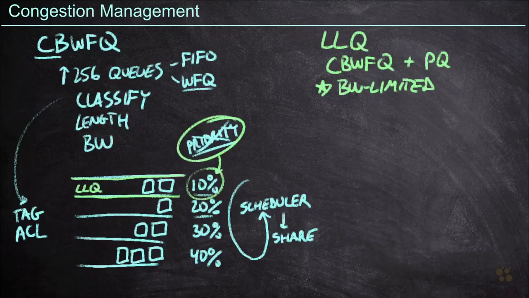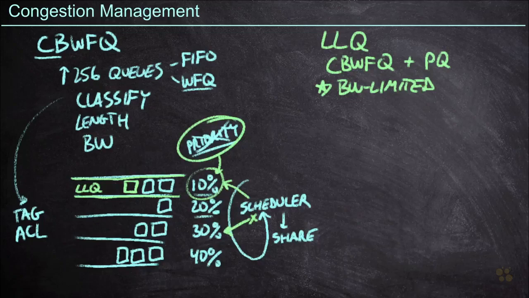Meaning that if it tries to exceed 10% of the interface bandwidth, we're still going to cut that off and say, okay, you've had your fair share of the bandwidth, and now we're going to service the other queues. But from a strict priority perspective, if our scheduler here is servicing Q3 and a packet shows up that's voice over IP or what have you in the low latency queue, we're going to stop servicing Q3, service the low latency queue, and then get back to Q3 once Q1 has been emptied out.